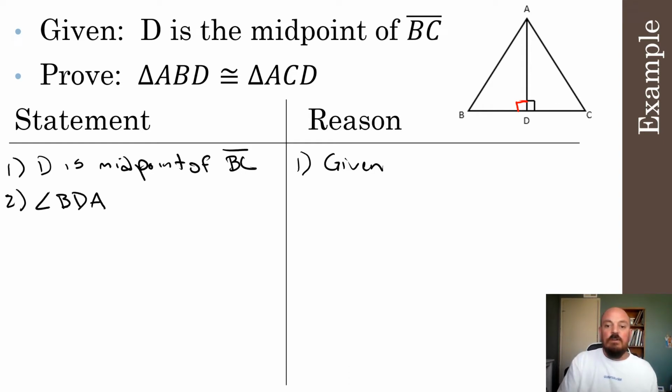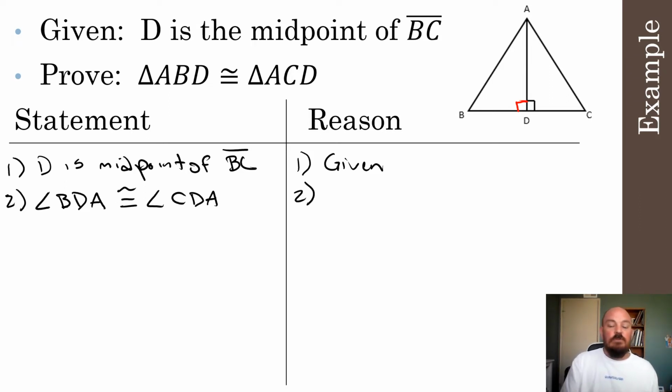See, I'm going from B to D to A. That's angle BDA. That's the right angle right there. And then I'm going to say that's congruent to angle, and then I'll do the same thing on the right side. That would be CDA, angle CDA.